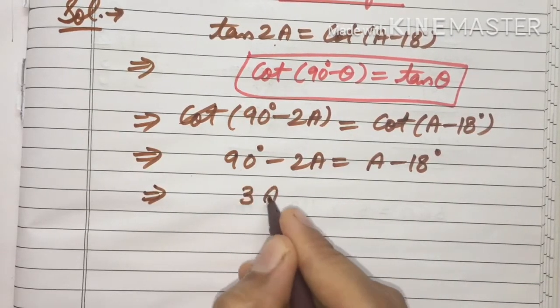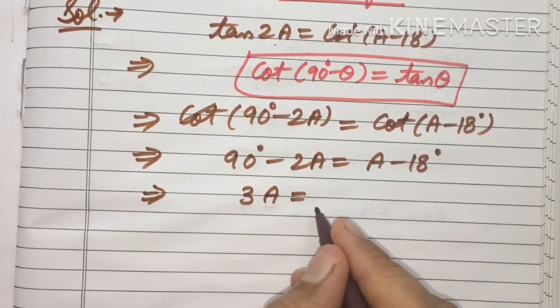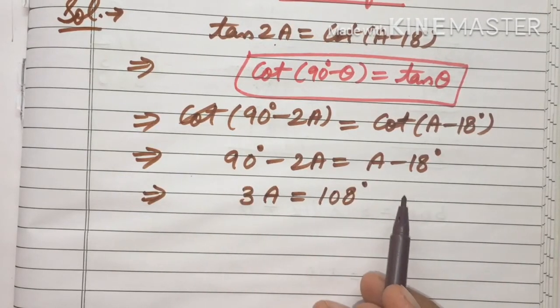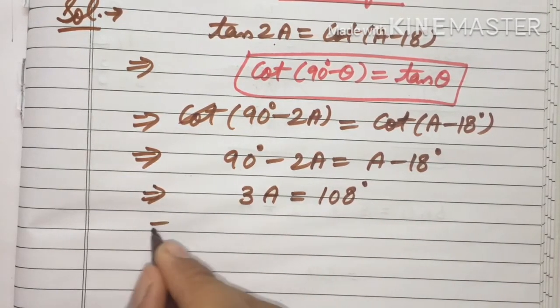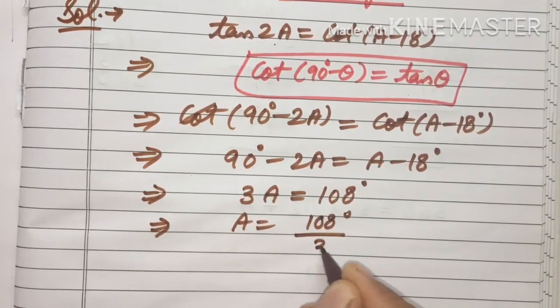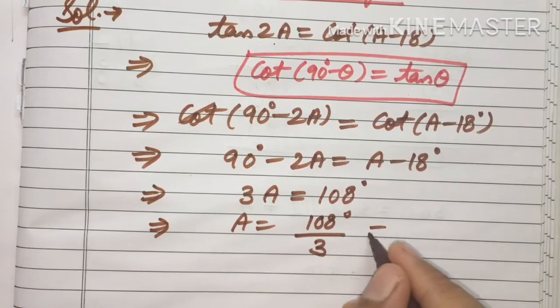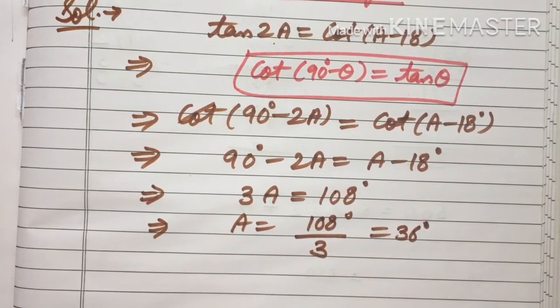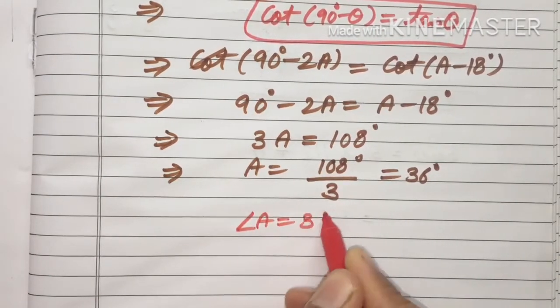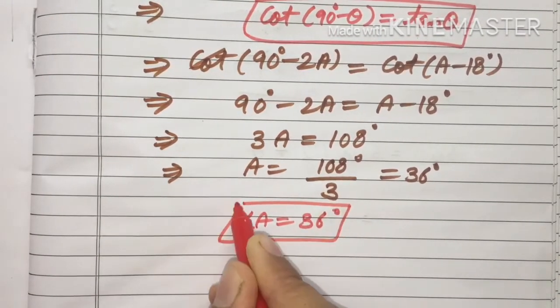So it will be 3A is equal to 108 when we add 90 plus 18. So A is equal to 108 upon 3 and the value is 36 degree. So angle A is 36 degree.